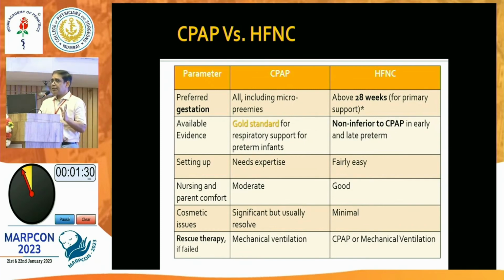But HFNC has got easy setup, nice comfort for nurses and parents, and minimal cosmetic issues. If CPAP is not working, we have to put the baby on mechanical ventilation. But for HFNC, there is another step: you can put the baby either on CPAP or mechanical ventilation.